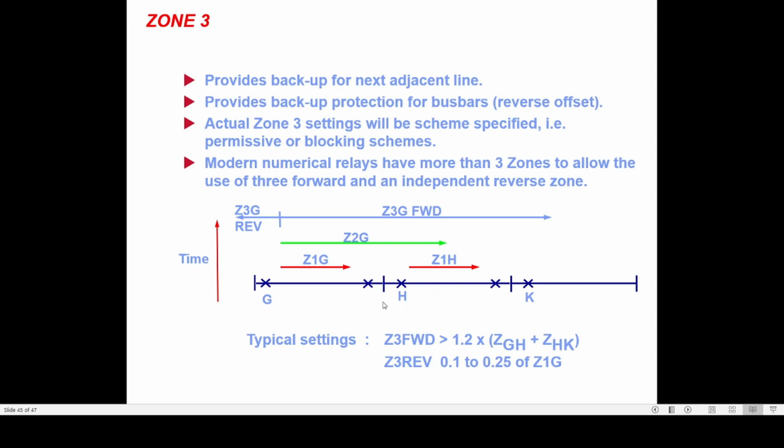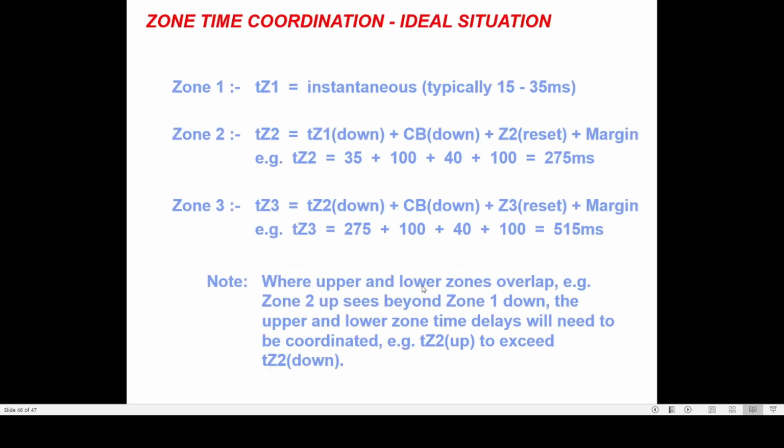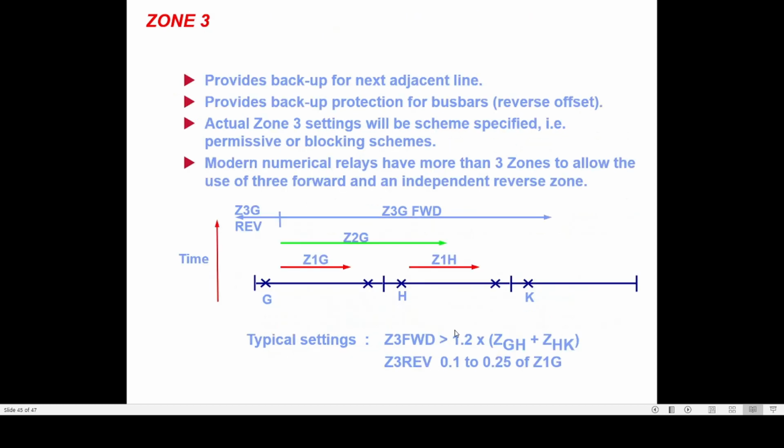Now, suppose this time of operation of the relay at H is 20 to 30 milliseconds, and we are considering it at 35 milliseconds. So, firstly, that relay at substation H will operate, and it will operate in 30 to 35 milliseconds. After operation of relay H, the circuit breakers at H will open.